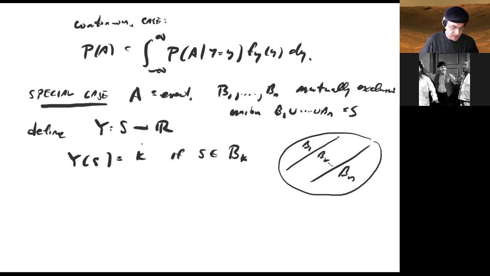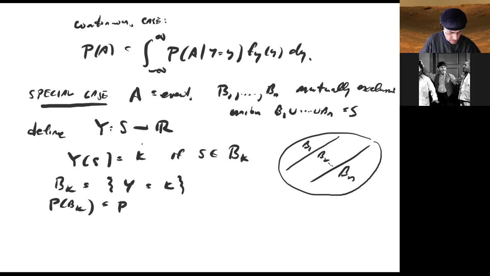And since the Bk are pairwise disjoint, s can only be in one such Bk. So then Bk is the same thing as the event y equals k. And so the probability of Bk is the same as the probability that y equals k.